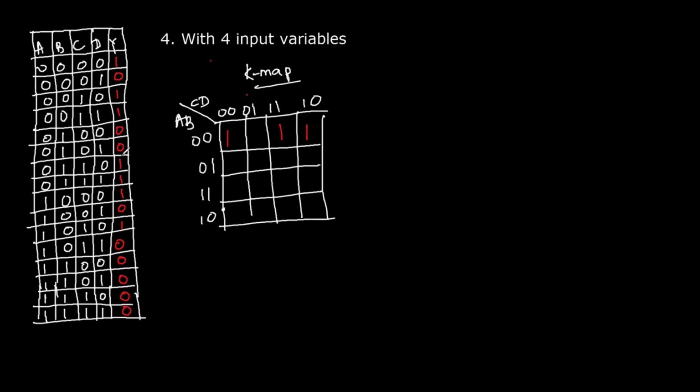And we have these three. We have 0, 1, 1, 0, 0, 1, and 1, 0. That's here. And 0, 1, that is this column, row. And 1, 1, that's here. And 1, 0, that's the last row.